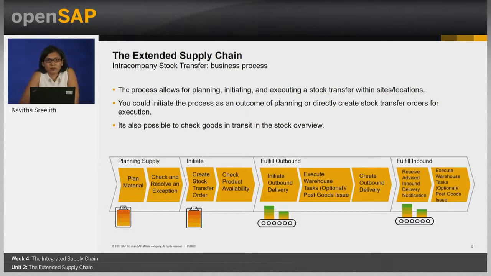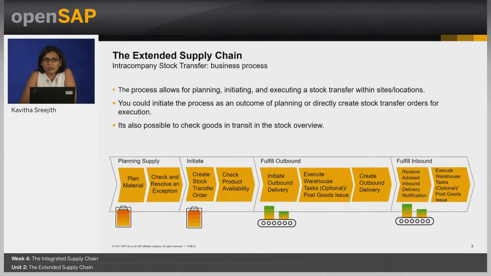Let's now take a look at the process steps involved in intra-company stock transfers. High-level steps include planning supply, initiating, fulfilling demand and fulfilling inbound. Planning supply from the requester side, initiating the stock transfer order from the supplier side, fulfilling the outbound delivery by initiating the outbound delivery from the sender side, which in turn will fulfill the inbound delivery at the inbound side.